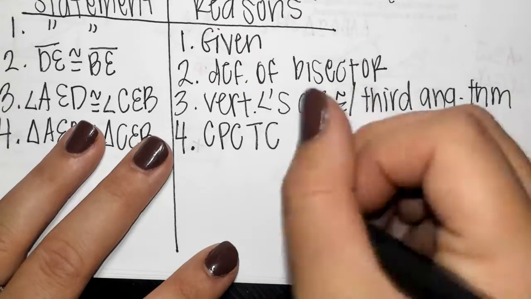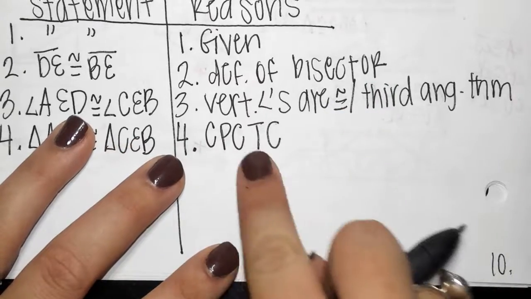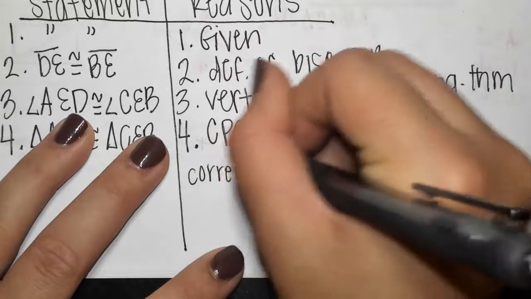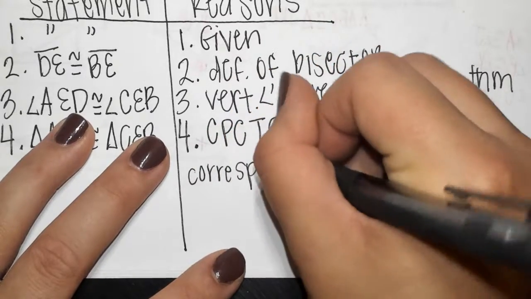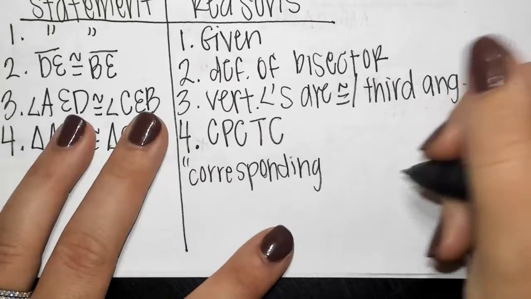Is it corresponding parts congruent, triangles congruent? Yes, you left off two words, but they're little words. It's corresponding, so you do not have to write this out every time. But write it out so you know what it means. You never know if it's going to be a bonus.